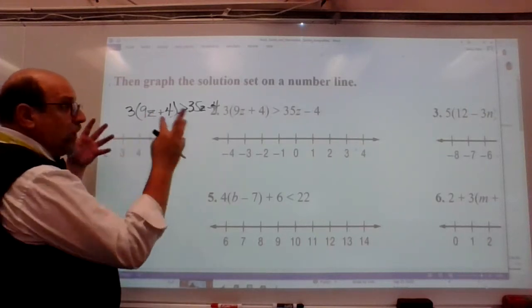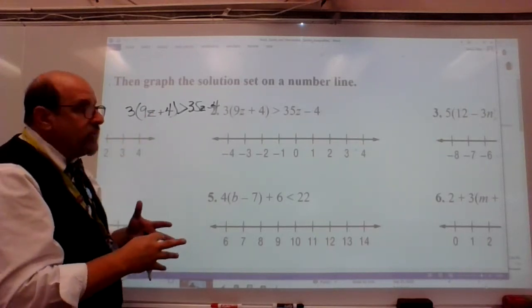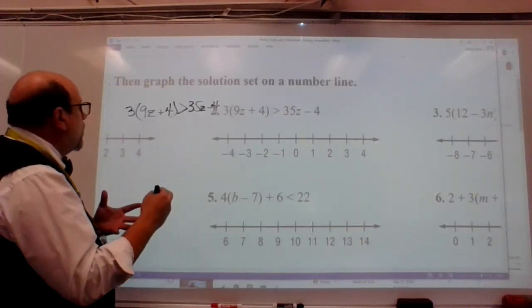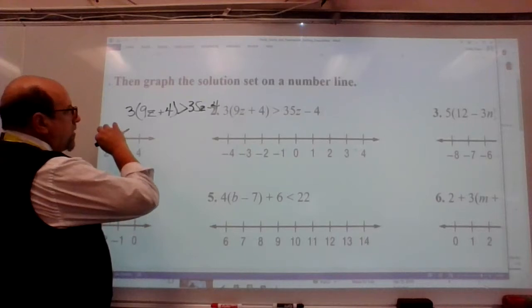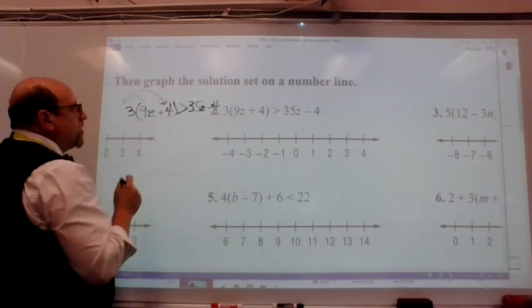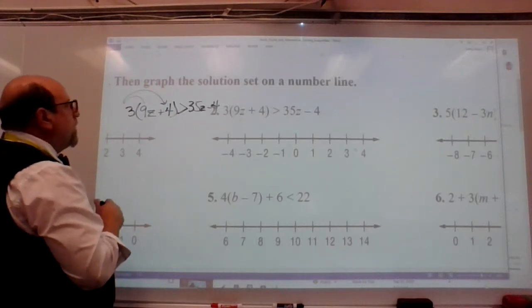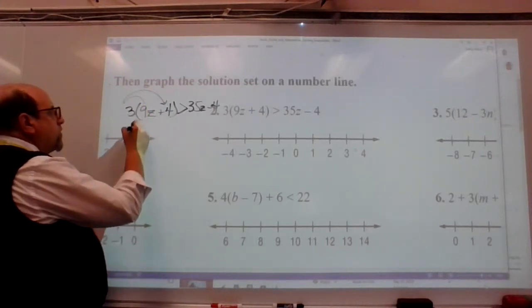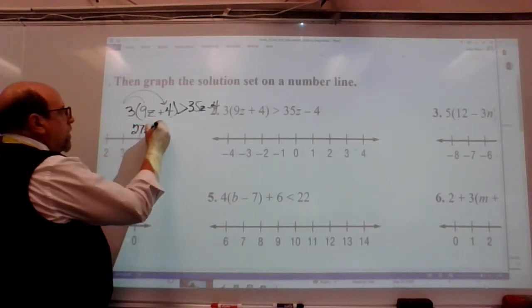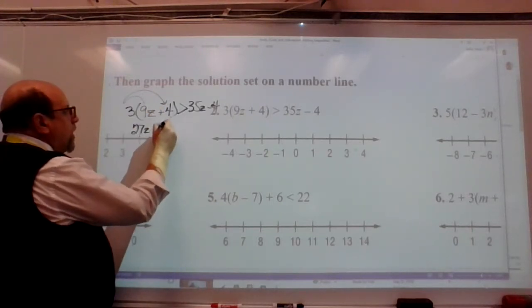But my pre-step says get rid of any fractions or distribute. So our pre-step has to be this distribution here. We have to multiply both things inside these parentheses by 3. And so when I do, 3 times 9z is 27z, plus 3 times 4 is 12.